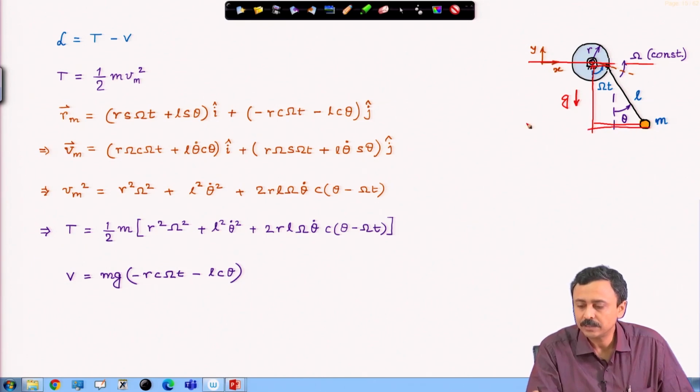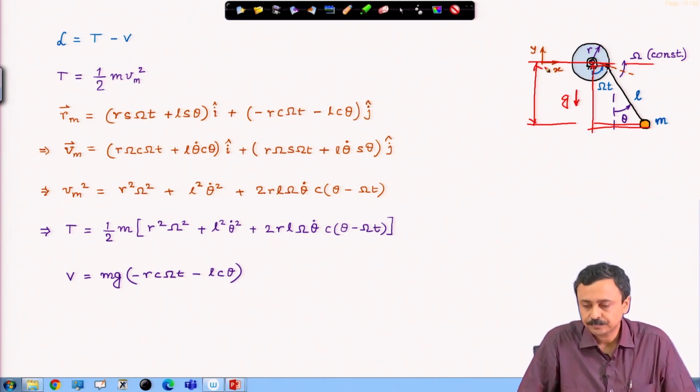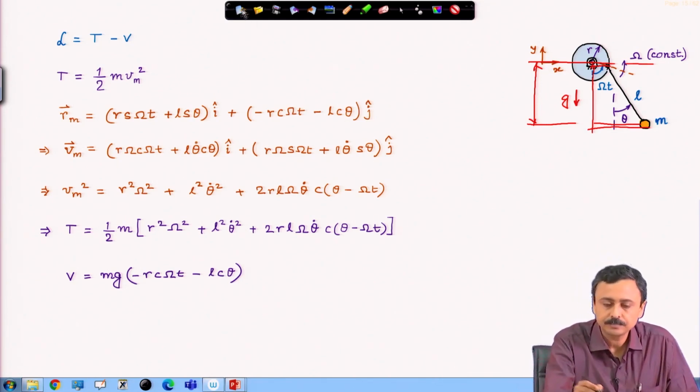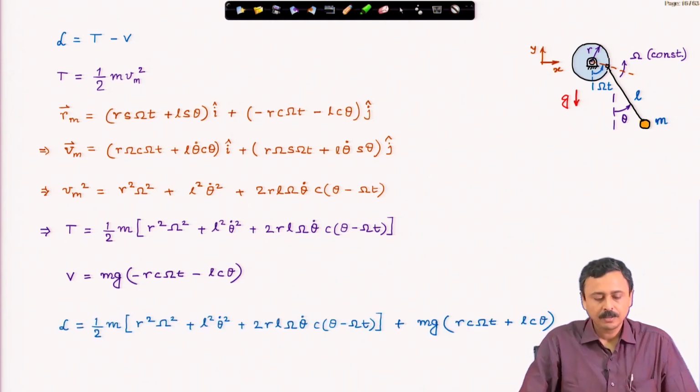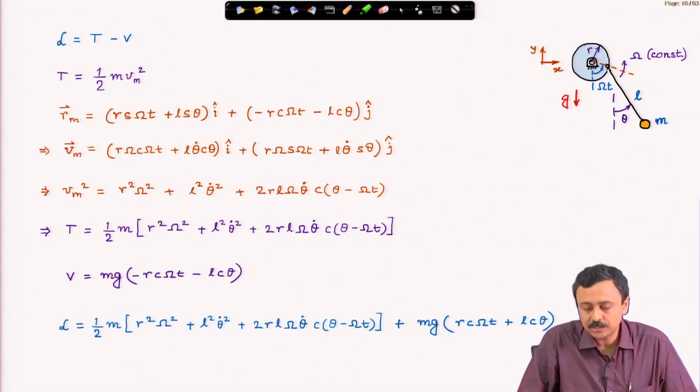Therefore, we get this height h. Therefore, our Lagrangian is kinetic energy minus the potential energy, note the signs.